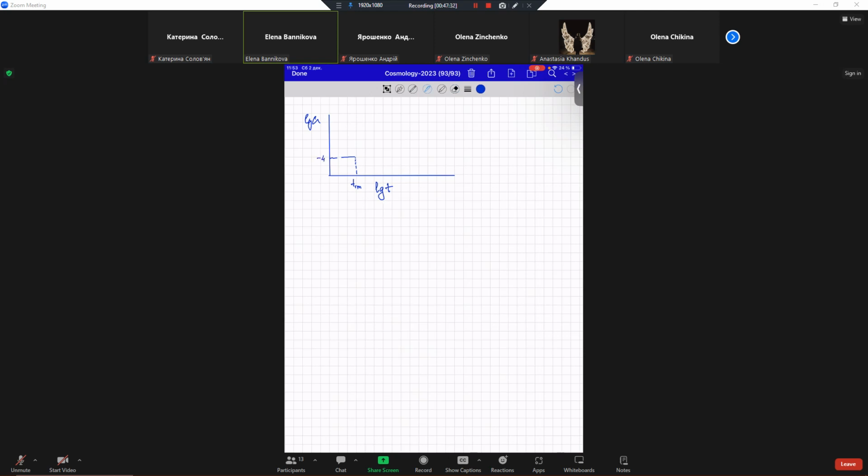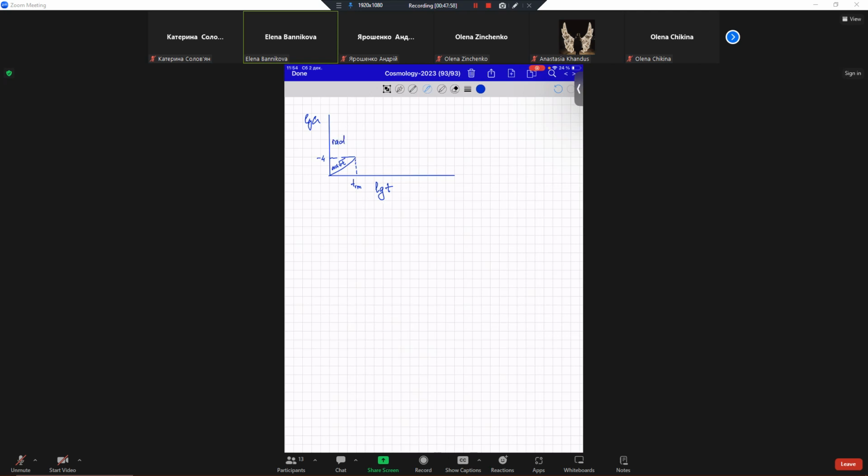And we can write here that a is proportional to the square root of t. This is the radiation stage.